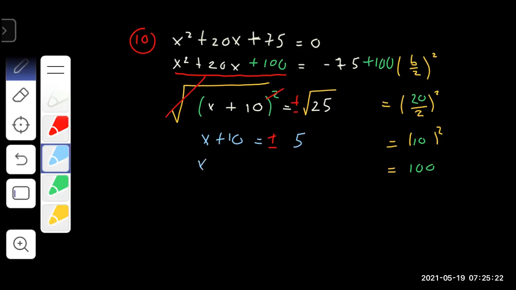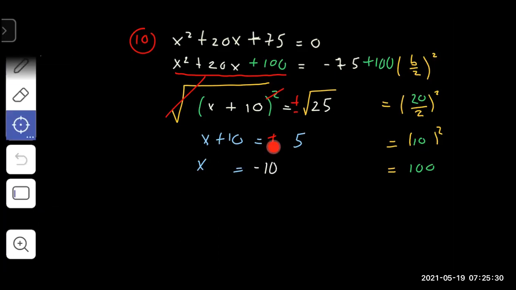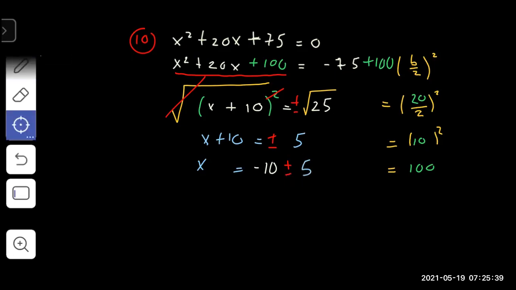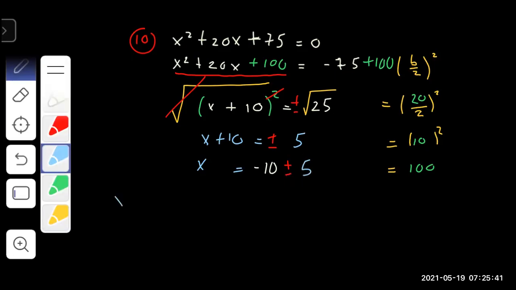Now let's leave x alone, because that is our main goal. This positive 10, I'm going to move it to the other side, so it becomes negative 10 here. Then I bring down the plus or minus 5. Now let's separate the solutions: solution 1 and solution 2.